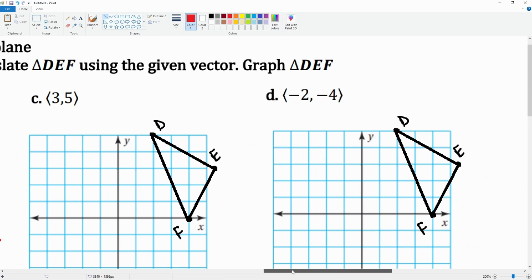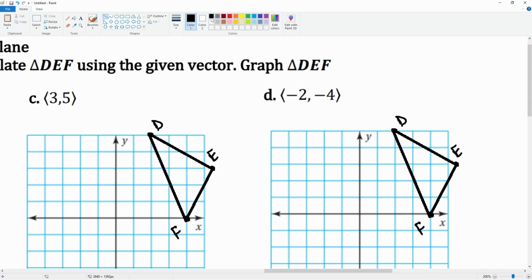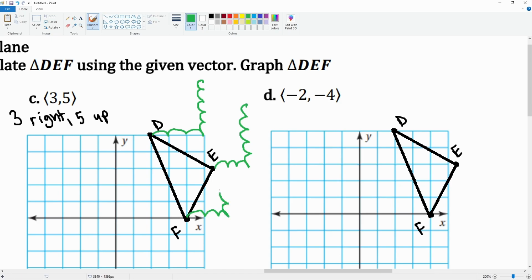Next, let's look at (3, 5). What does that mean? The first value refers to how it changes in the x coordinate. It's positive, so it's 3 to the right, and +5 means 5 up. So 3 to the right: 1, 2, 3, and 5 up: 1, 2, 3, 4, 5. E, same thing: 1, 2, 3, then 1, 2, 3, 4, 5.